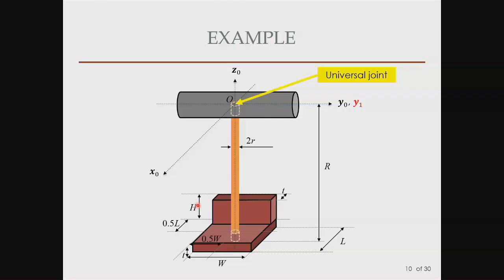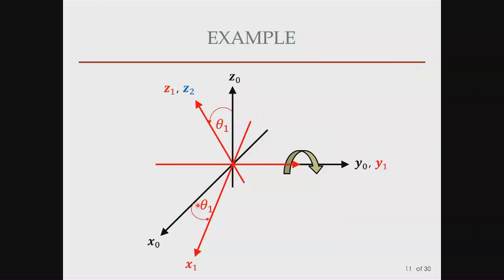Frame 1 moves back and front about this y0 or y1 axis with angle theta 1, so it only describes this motion. It is not attached to the swing. Why? Because the swing can also rotate about the metallic axis as well.